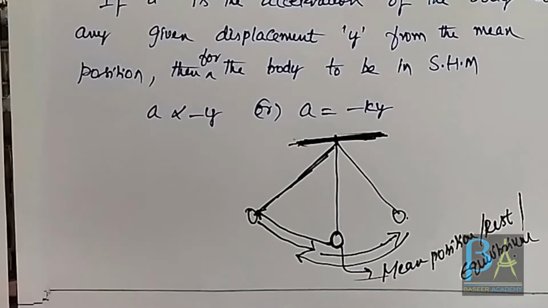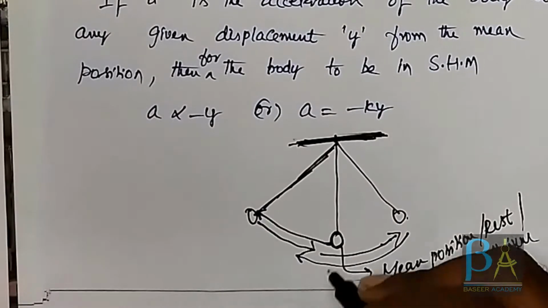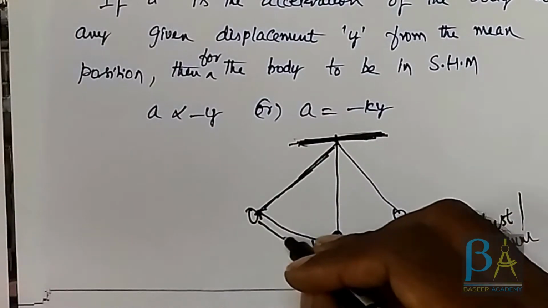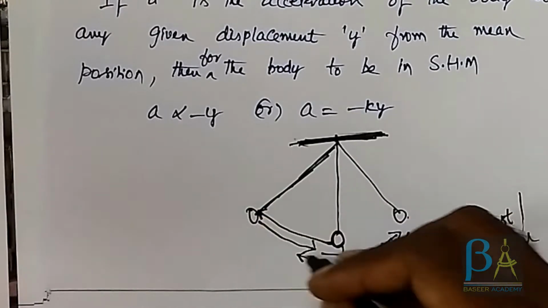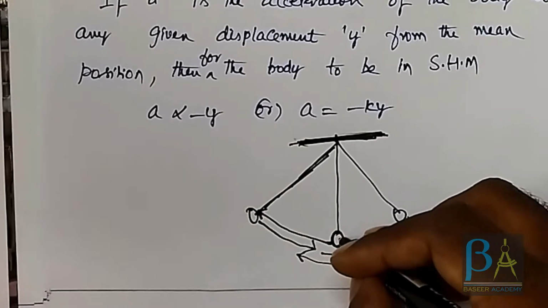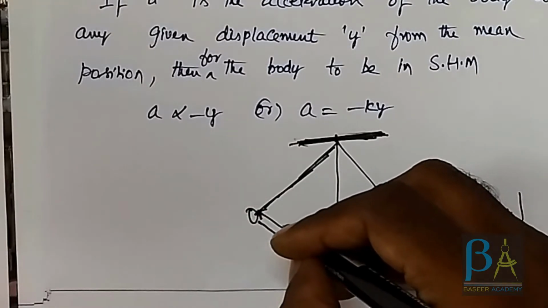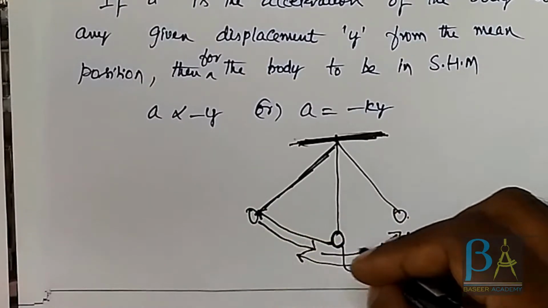Now you would have used the swing at some point in your childhood. When you pull the swing to a greater distance and then you leave it, it moves with a greater speed, isn't it? Let's say this is the swing, and you move it only till this far and then you leave it, it goes a little bit slowly.